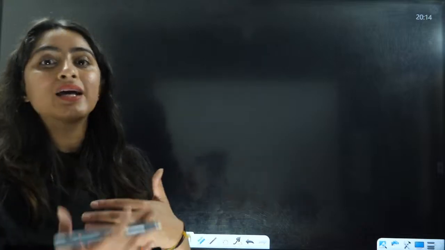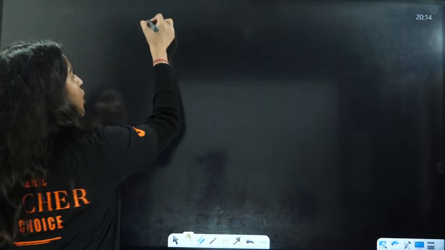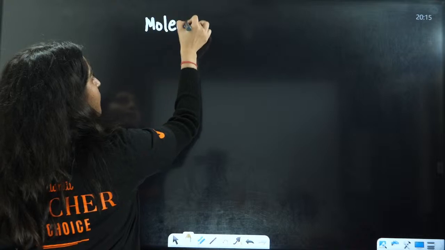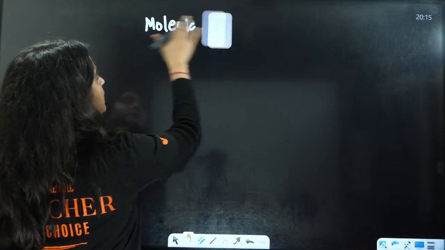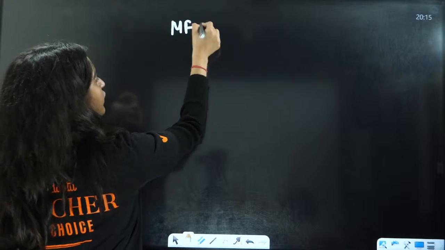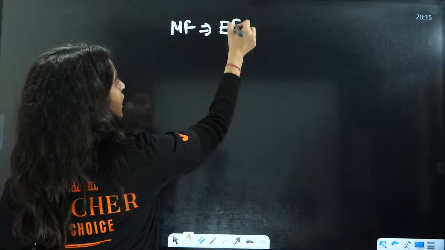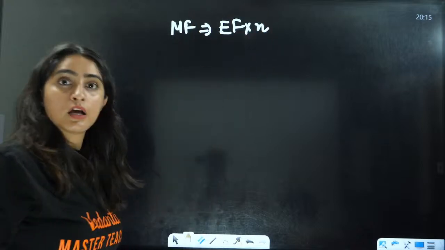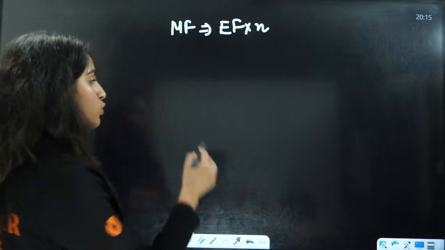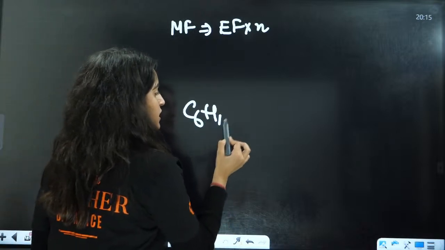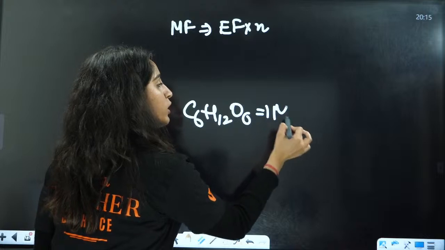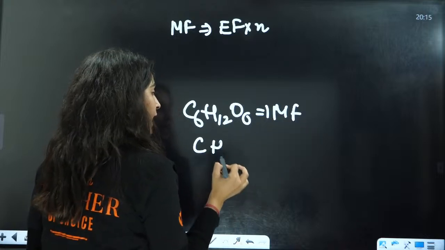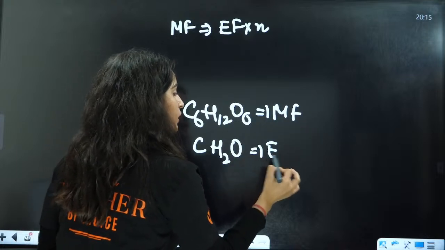The second formula is about the empirical formula and the molecular formula. The molecular formula is equal to the empirical formula into n. For example, in the case of glucose you have C6H12O6, which is the molecular formula, and CH2O, which is the empirical formula.